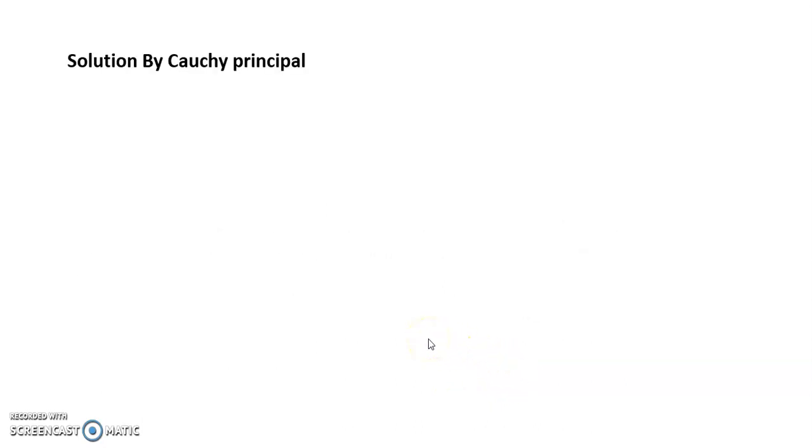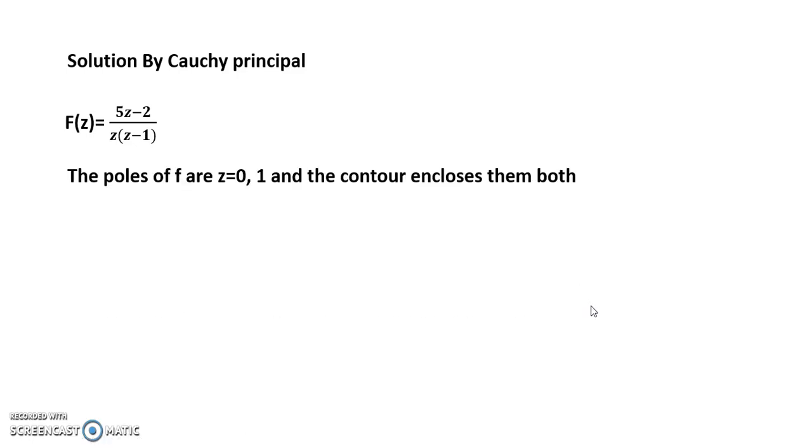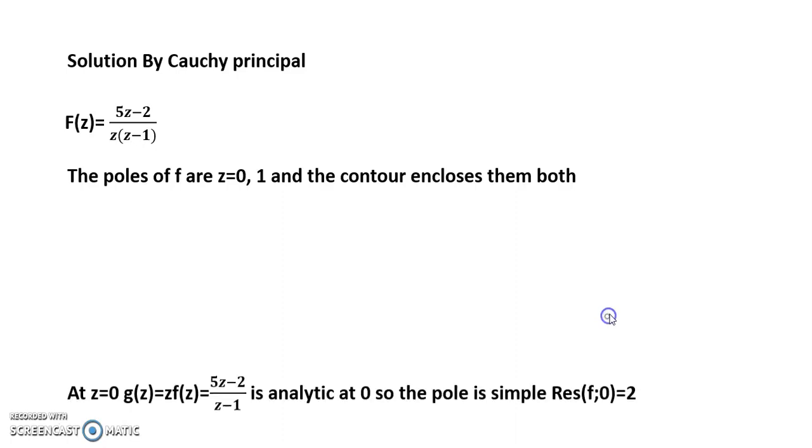Solution by Cauchy's principle. f(z) is equal to (5z minus 2) over z(z minus 1). The poles of f are z equals 0 and 1, and the contour encloses them both.